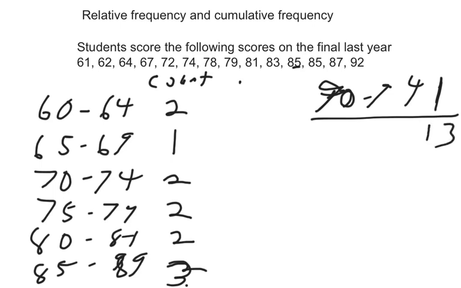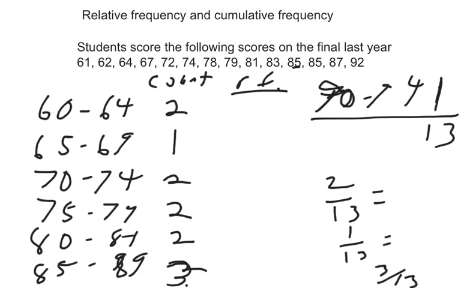Alright, so if we are doing the relative frequency, that means I'm going to take 2 out of 13, 1 out of 13, and 3 out of 13 to figure out exactly where they are. Alright, so anyone who had 2 out of 13 had 0.154, or about 15% of the regular frequency.